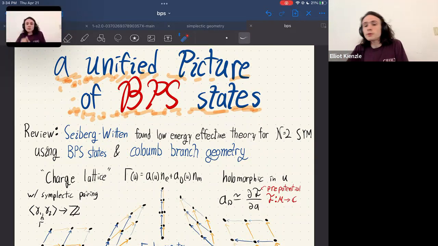So let me review a bit about what I talked about last time, which was a whole dive into the Seiberg-Witten solution in some detail. This is a solution to the question of what is the low energy effective field theory for N=2 super Yang-Mills theory for gauge group SU(2).